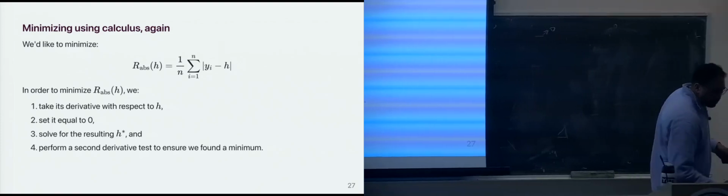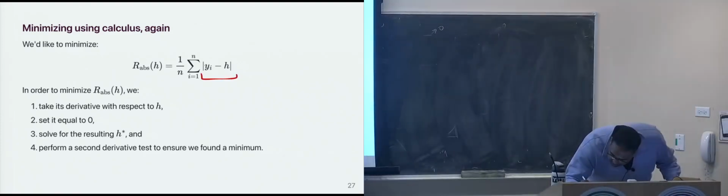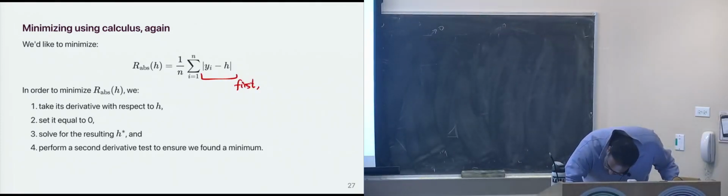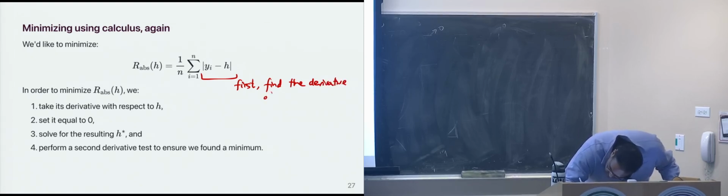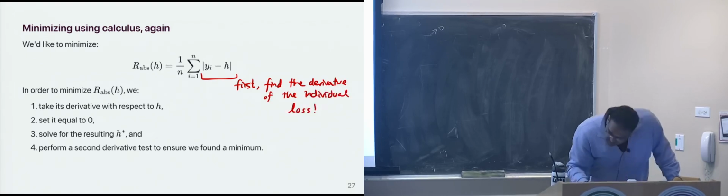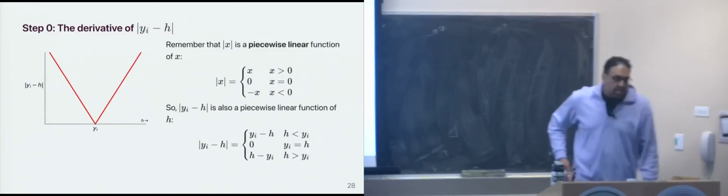And again, the first step will be to find the derivative of the individual loss function. Okay? And so that will be step 0, we'll call it.